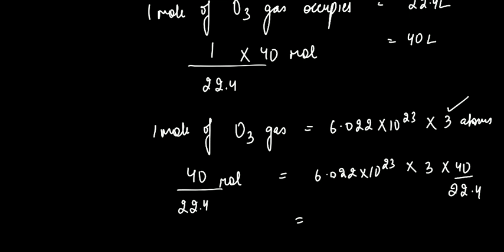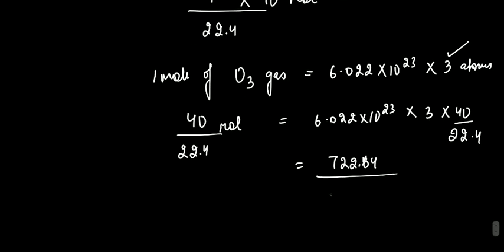6.022 into 3 into 40 will give us 722.64 divided by 22.4. This will be equal to 32.26 into 10 raised to the power 23.